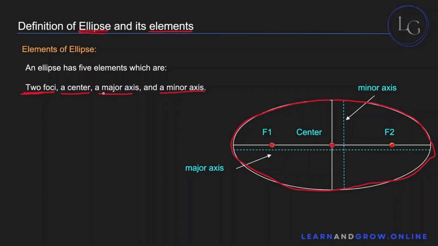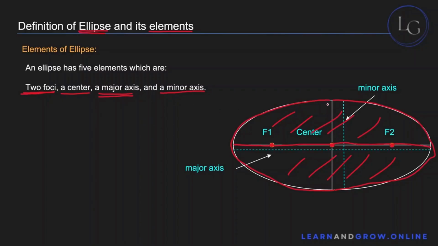And it will have a major axis, which is, as you can see in an oval, it has one side that is longer and one side that is shorter. The axis that divides this ellipse into 2 equal long halves, like this half and this half, this axis is called the major axis.